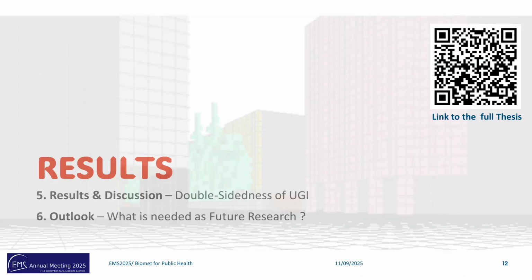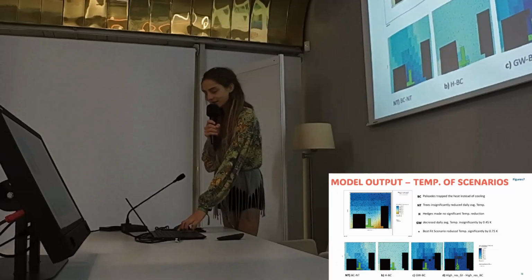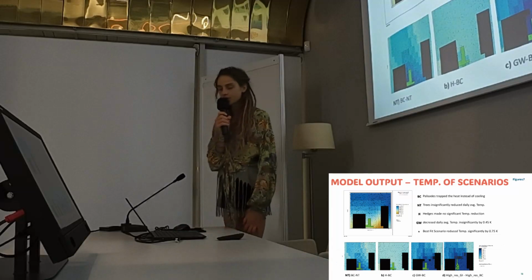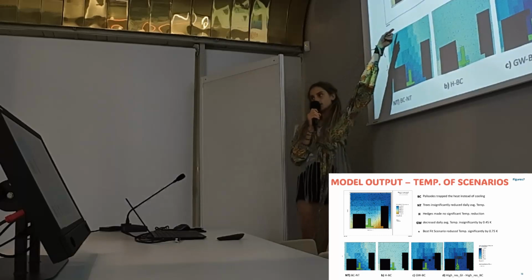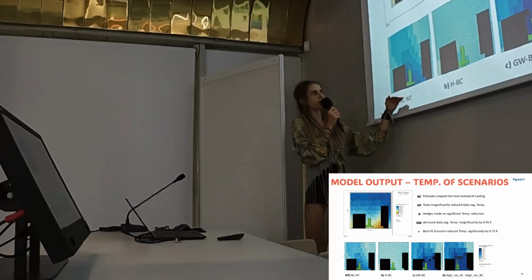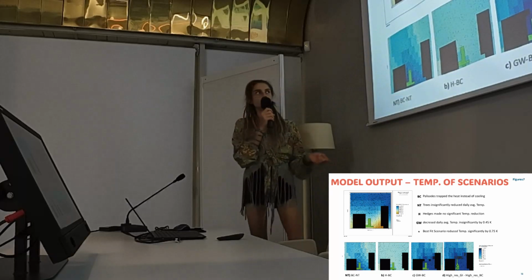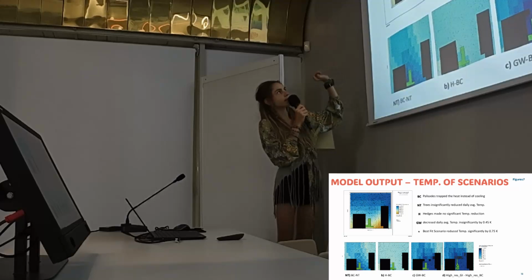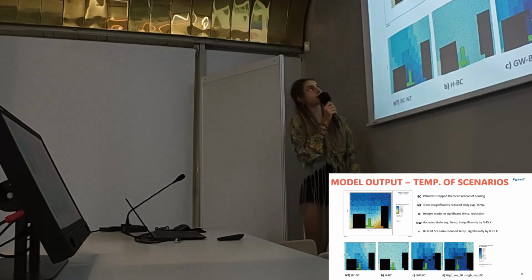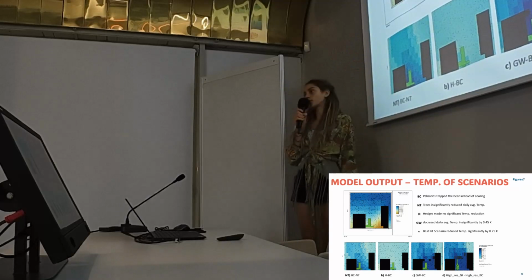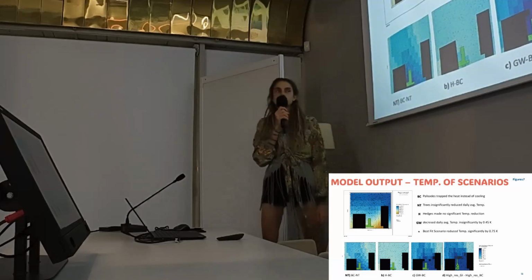Now we come to my results. For temperature, I found, so this is the base case model, and below are the different scenarios compared to the base case. As you can see for the base case model, the palisades, this is at 4 p.m., where temperatures tend to be highest.